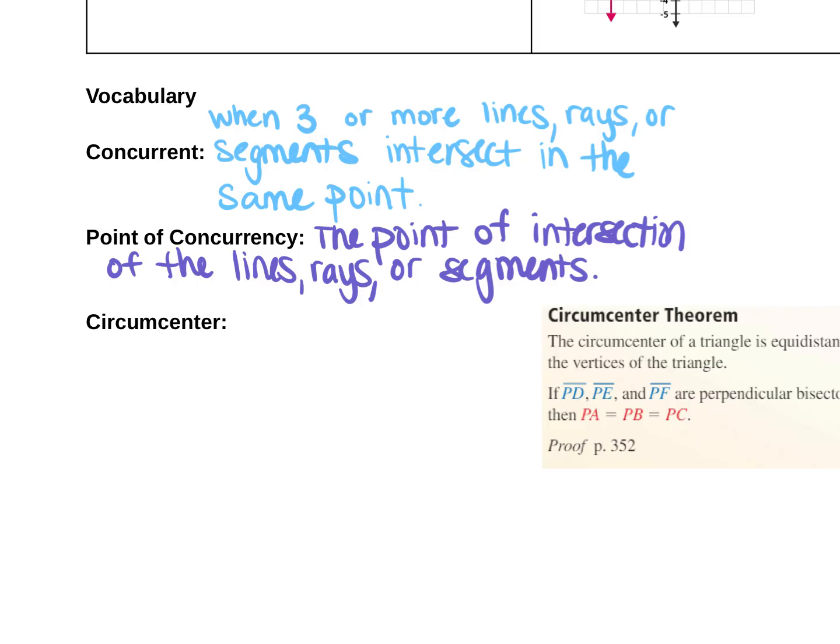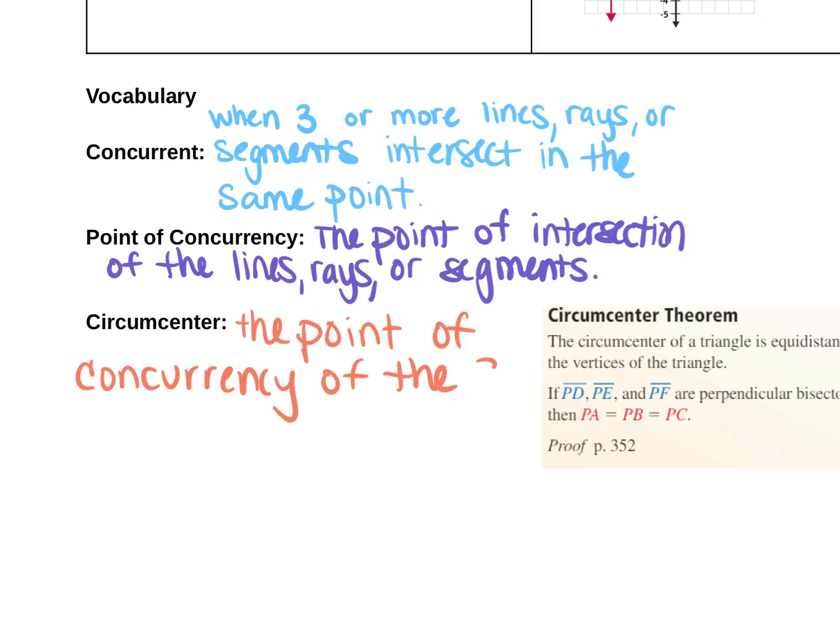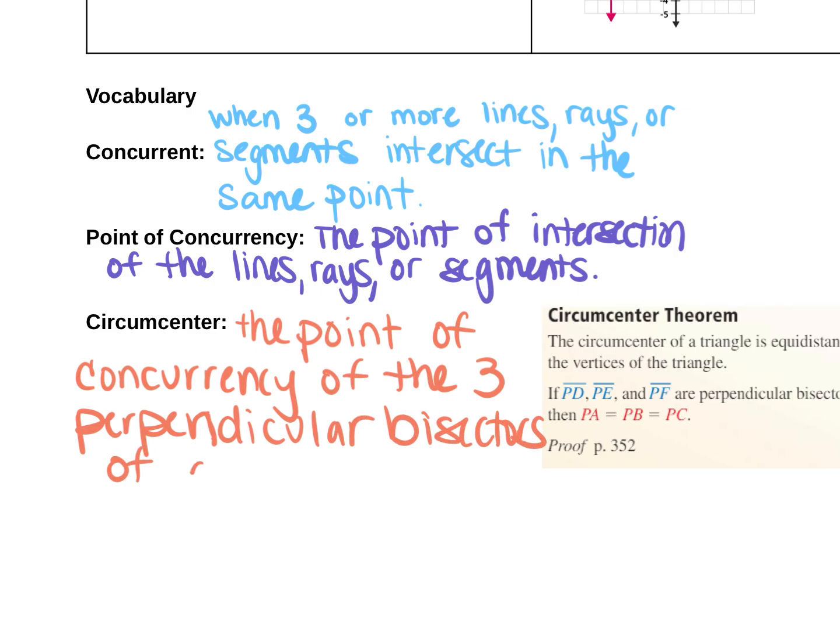So we would say the point of concurrency of the 3 perpendicular bisectors of a triangle. Okay, so the point of concurrency of the 3 perpendicular bisectors. So they kind of build on each other, right?